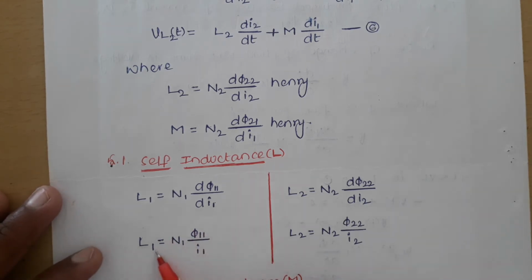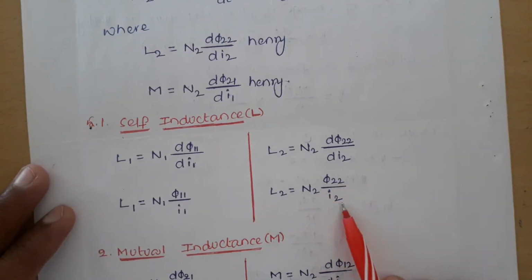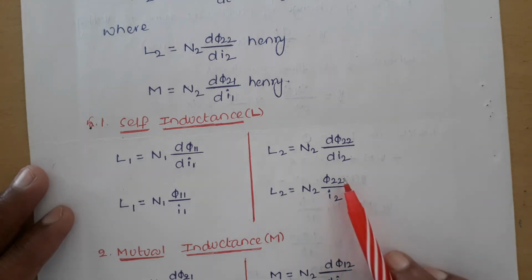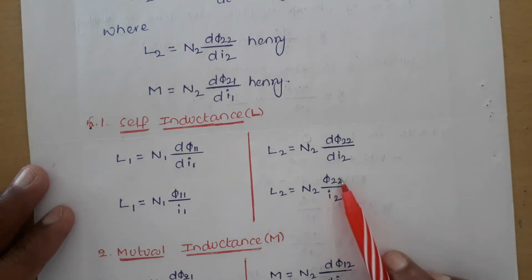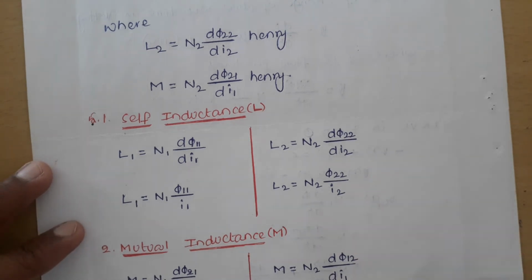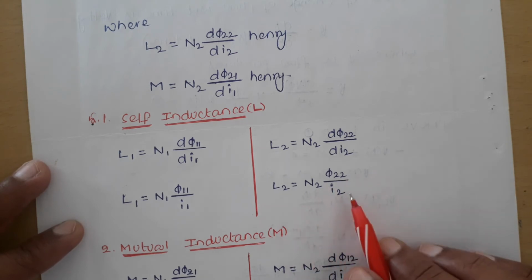That's why L1 is self inductance. Similarly N2, φ22 and I2 are the terms related to coil 2. N2 is the number of turns of coil 2, φ22 is the flux touching only that coil, and I2 is the current flowing in that coil itself. So L2 equals N2 φ22 by I2.